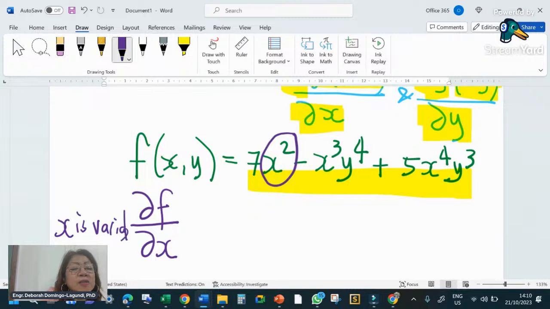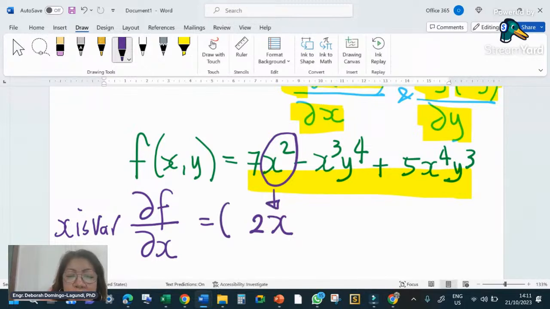If you say x is a variable, then y will be a constant. Okay, so this is how it goes. Get the derivative of x squared, that will be 2x only, just for the x. And the 7 will stay in front of it because that is a numerical coefficient.